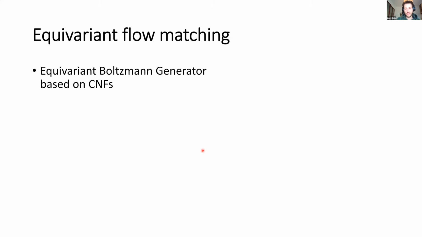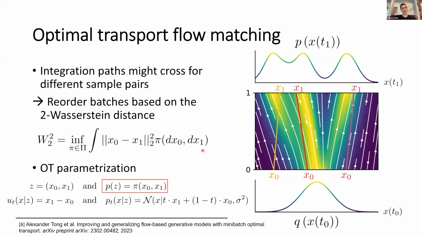Let's have a brief think about what this means if we want to train a Boltzmann generator that generalizes. How do we implement the OT parameterization if we train a Boltzmann generator on many molecules and hope that it generalizes, and maybe our batch contains samples from different molecules?